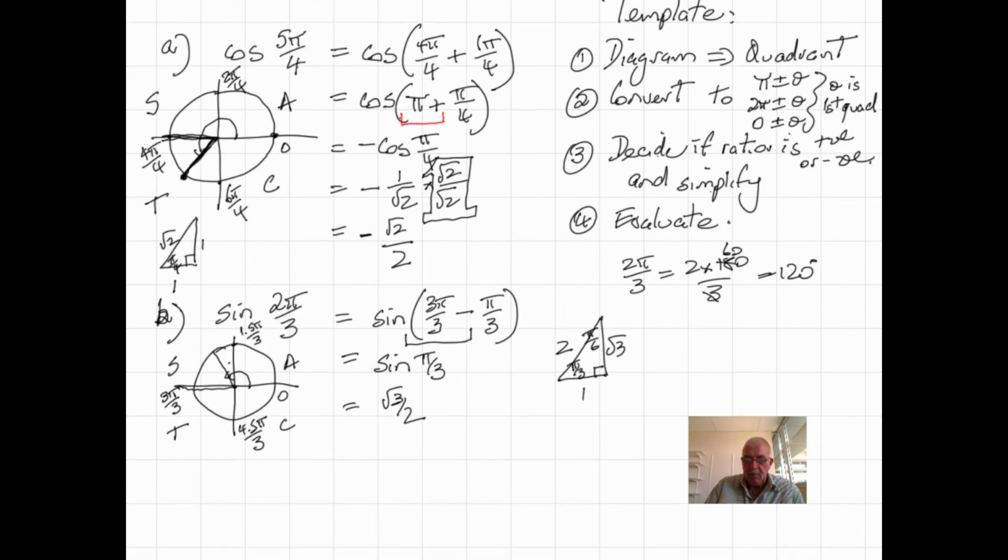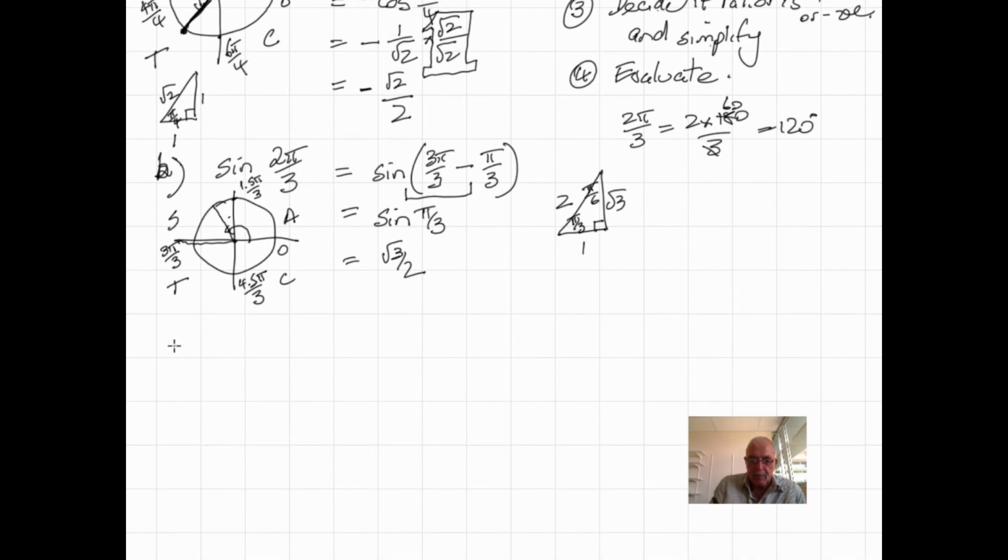Okay, let's do one more. And we've got C, the tan of minus 5 pi on 6. We draw ourselves a diagram. We've got 0. Now it's on 6, so this will be 6 pi on 6.